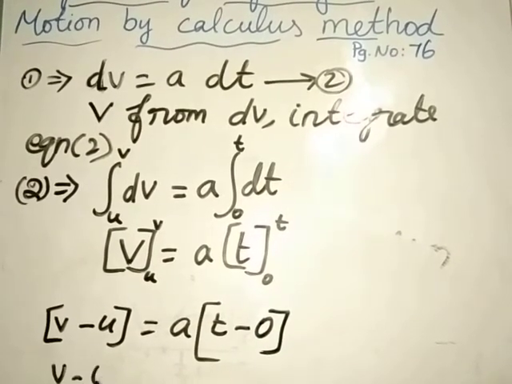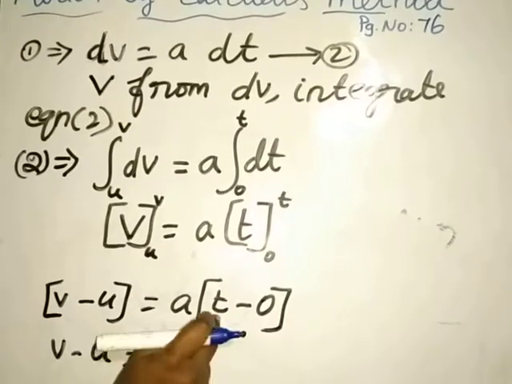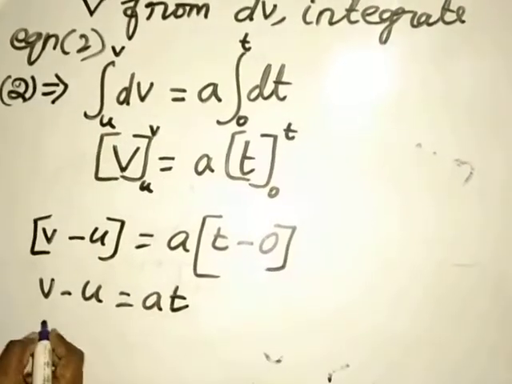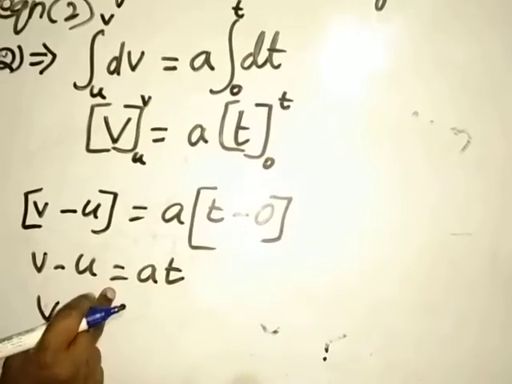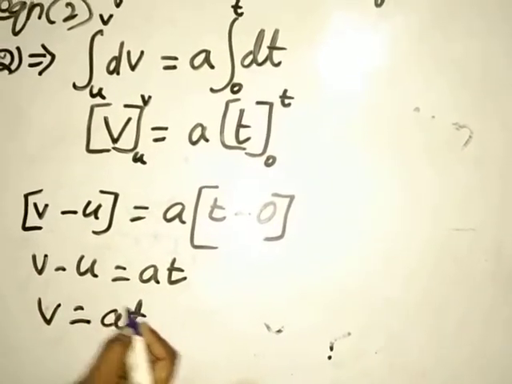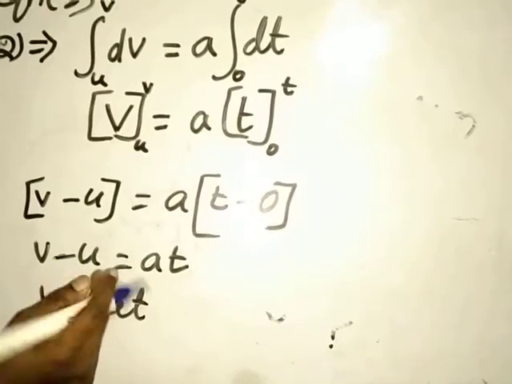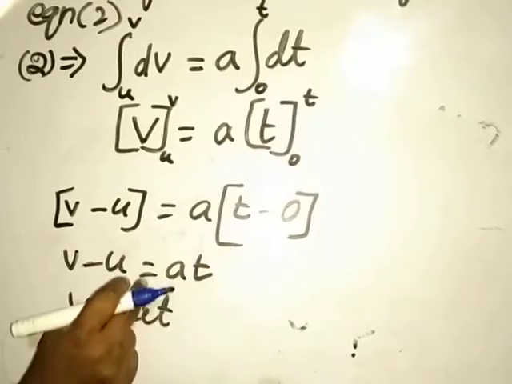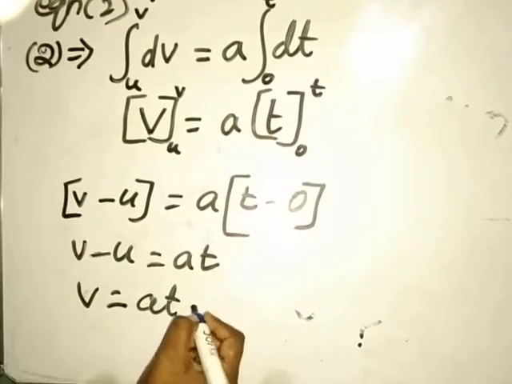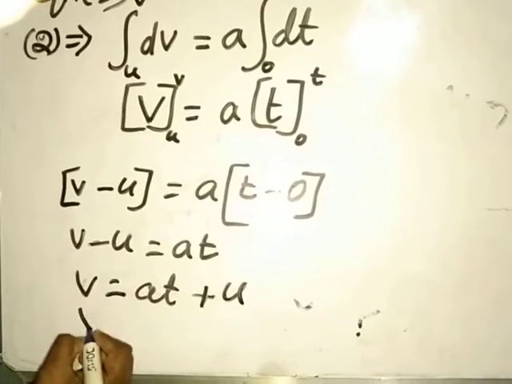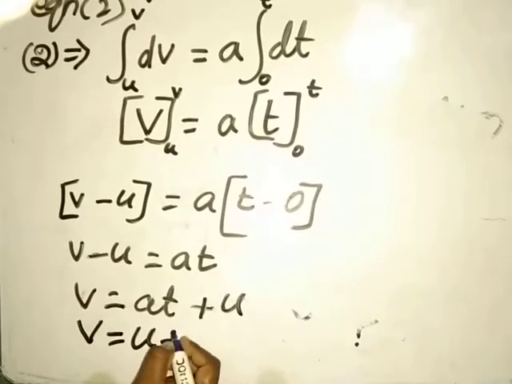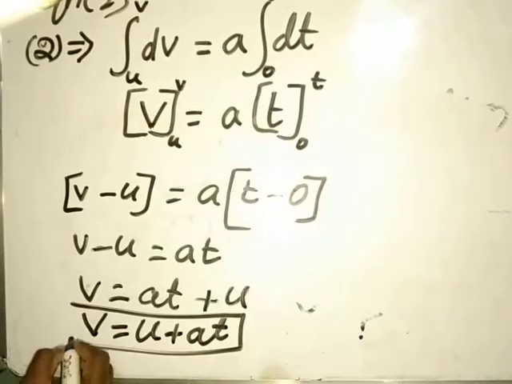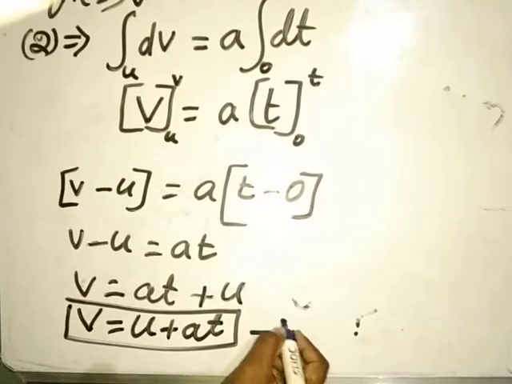Now v minus u equal to a into t minus 0, that is at. Minus u lies on the left side of the equal sign. When it comes to the right side, minus becomes plus. So we can write v equal to u plus at. This is the first equation of motion, equation number 3.